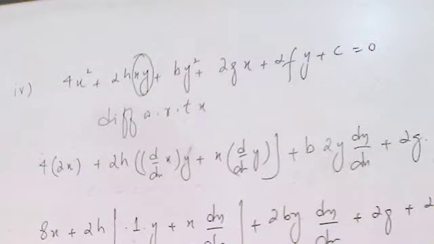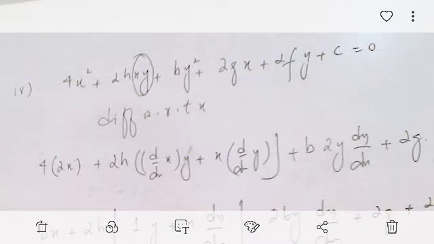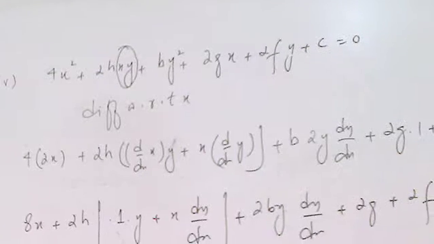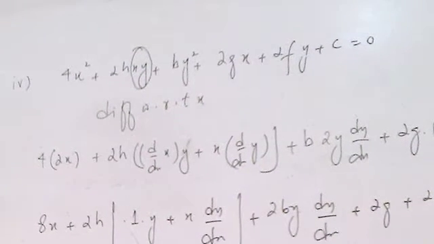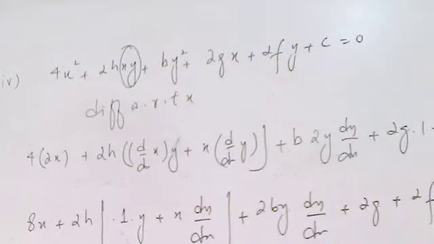Now in this question we have 4x square. We differentiate it with respect to x. The derivative of x square is 2x, with power 2 minus 1. Then the derivative of x times y. Here we again apply the product rule: the derivative of x, then y, plus x times the derivative of y.